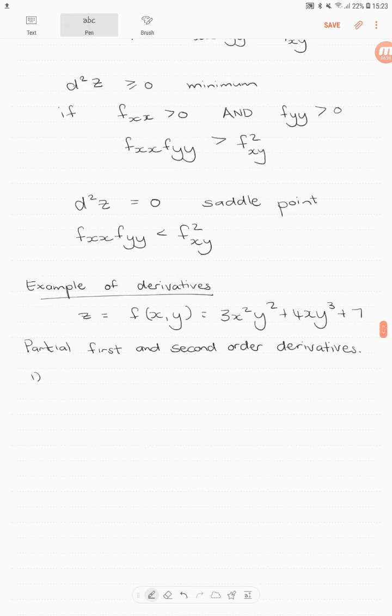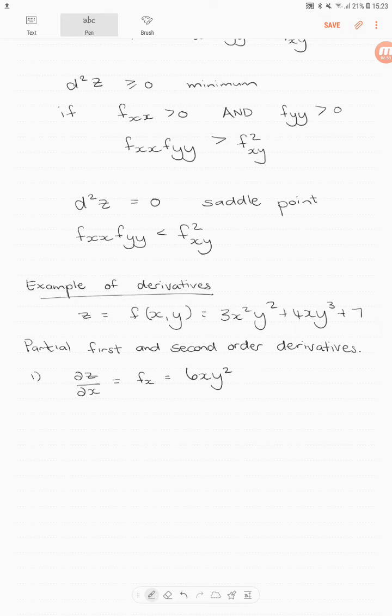So first we have dz dx, or equal to fx. This will be equal to 6xy squared plus 4y cubed plus 7y. In this case we consider y as a constant.